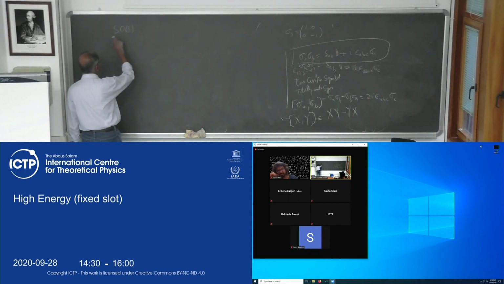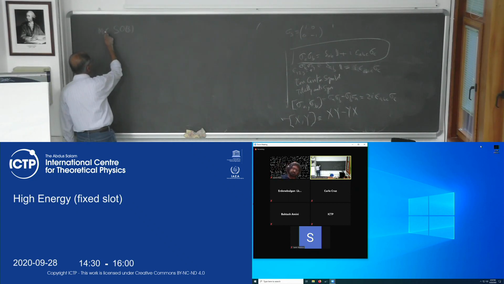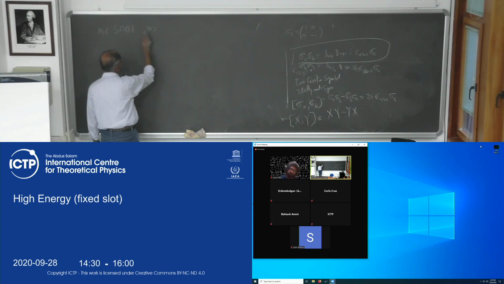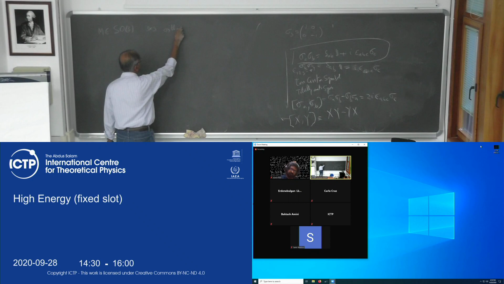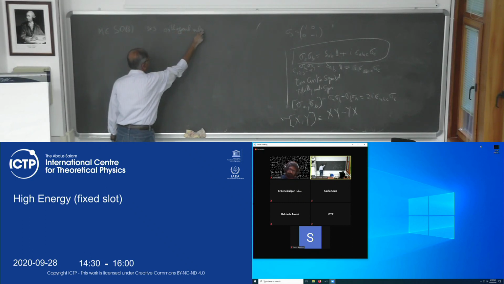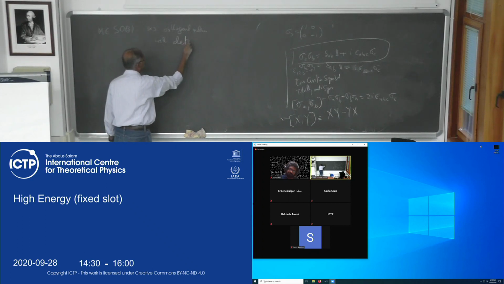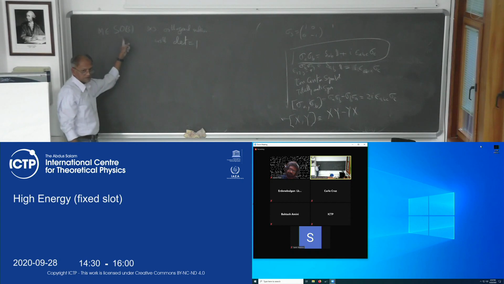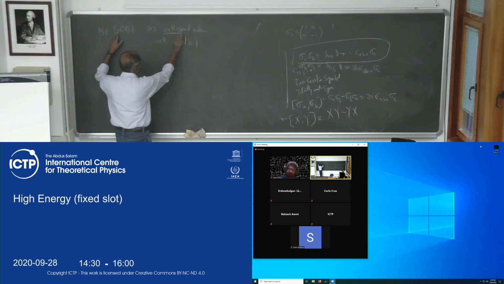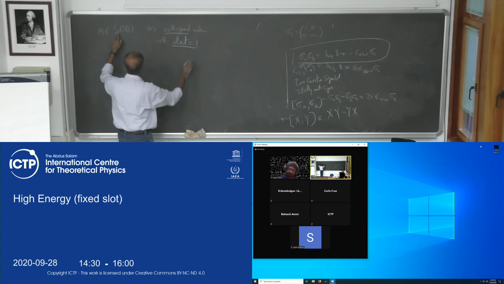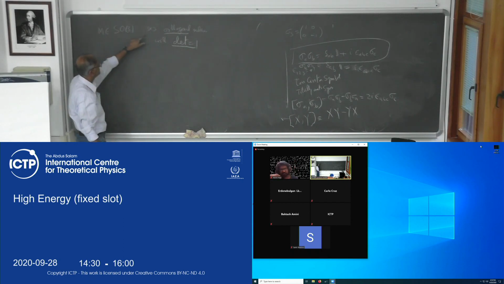So suppose M is in SO3, M is a 3 by 3 orthogonal matrix with determinant equal to 1, right? O stands for orthogonal, and the determinant equal to 1 condition is S, and 3 just means 3 by 3 matrices.